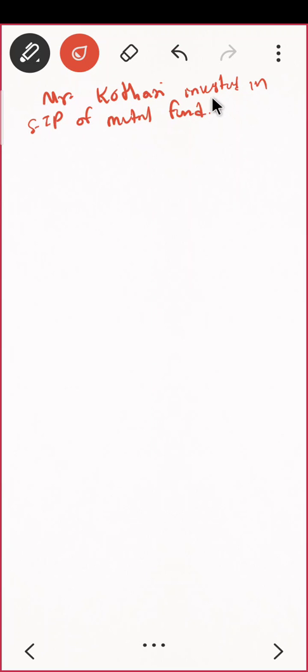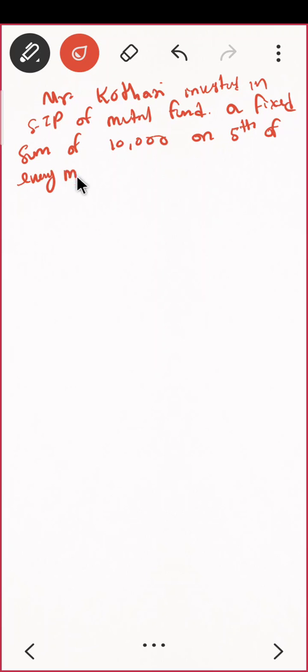Mr. Kothari invested in a SIP of a mutual fund a fixed sum of 10,000 rupees on the 5th of every month, for 4 months.